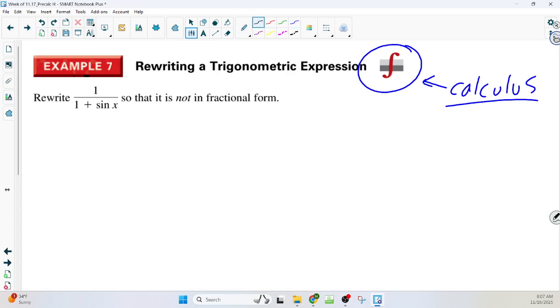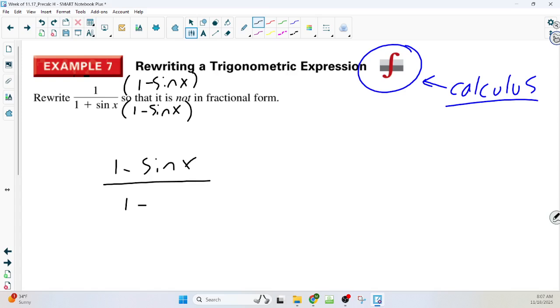It's actually not bad. You want to get the fraction out of there, no fraction, okay? So you're going to multiply by the conjugate. Are you sensing a theme with this conjugate thing? It's a big deal, okay? It's important because it fixes a lot of issues. 1 minus sine of x will be the top, and then 1 minus sine squared of x is the bottom.